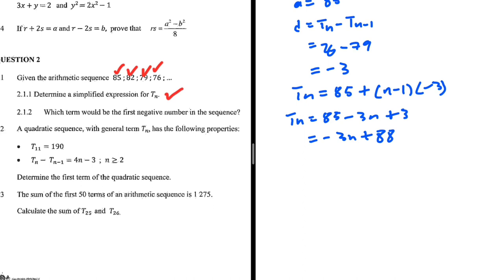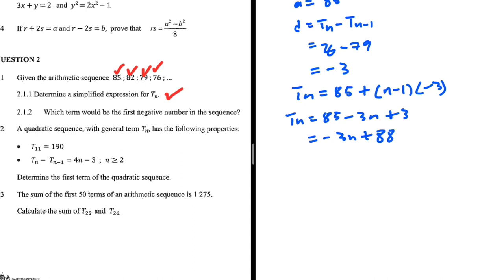Let me substitute a few values of n and see if I'm happy with the answers. So minus 3 multiplied by 1 plus 88 is 85. Minus 3 multiplied by 2 plus 88 is 82. And then minus 3 multiplied by 4 plus 88 is 76. So I think I'm happy with the simplified expression for Tn.